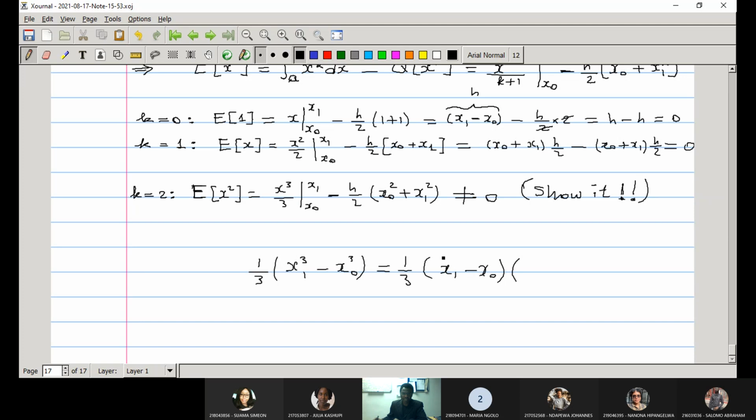This is h. And you have the other term here, right? And what would be this term? Here you have x1 squared, plus or minus x1 x0, something like this. Then plus x0 squared.